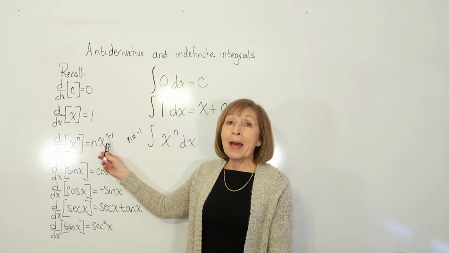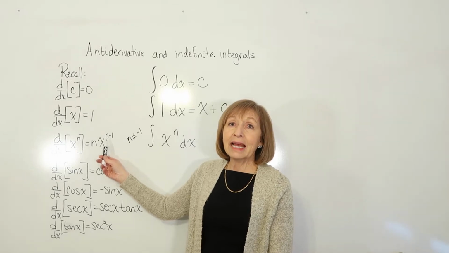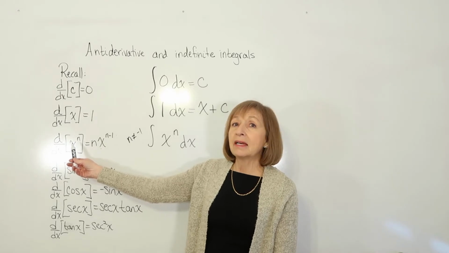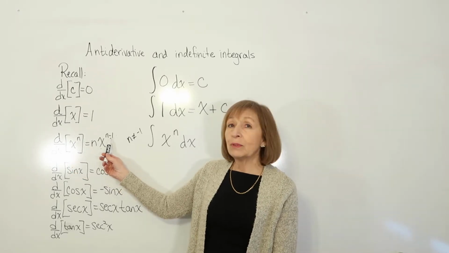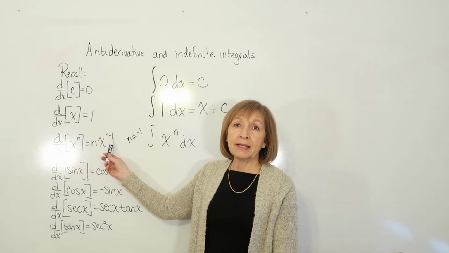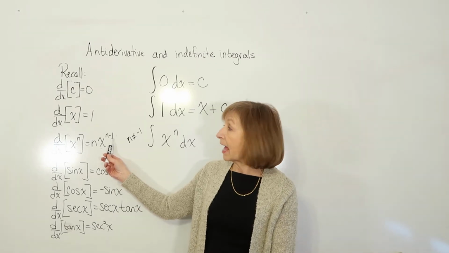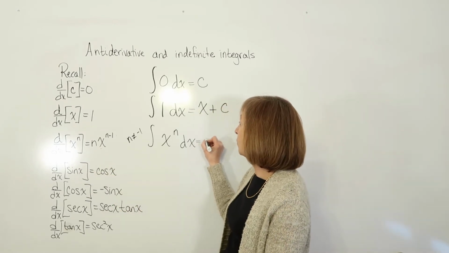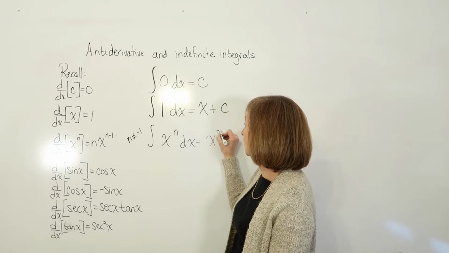So now to go backwards on that, to get from n x to the n minus 1 back to the x to the n, I would need to add 1 to the exponent, because n minus 1 plus 1 would just give me an exponent of n, which is what I have in the bracket here. So I would have to add 1 to the exponent.